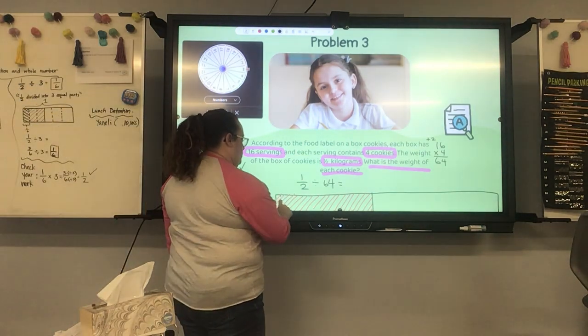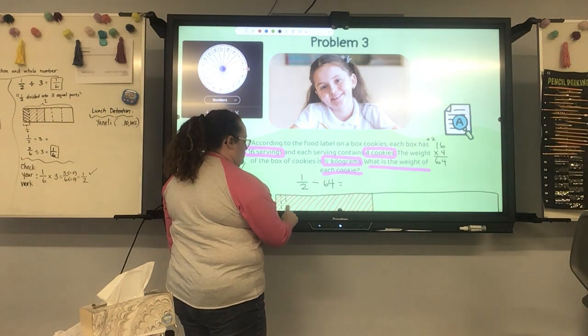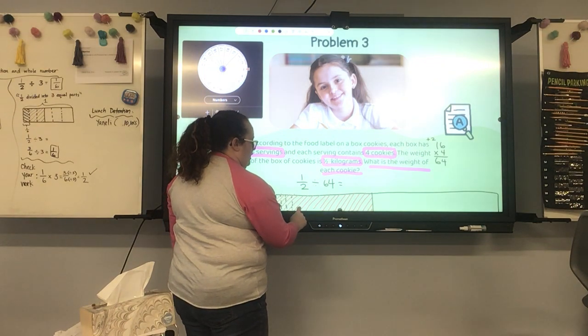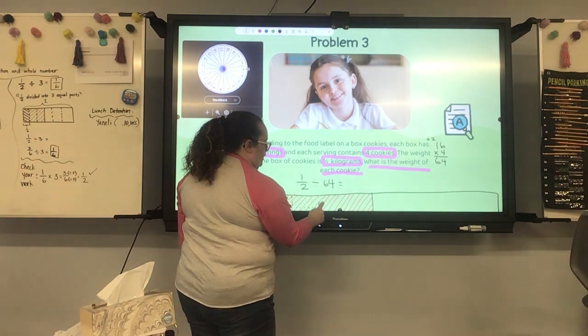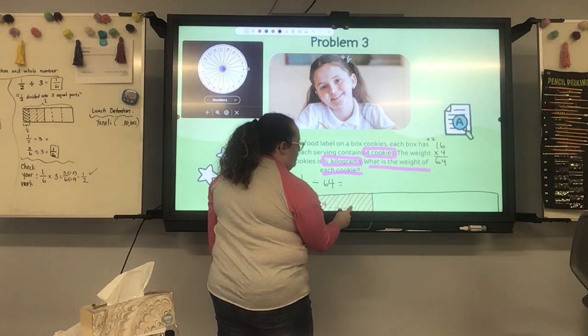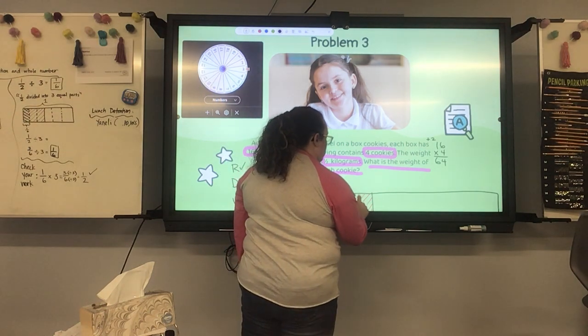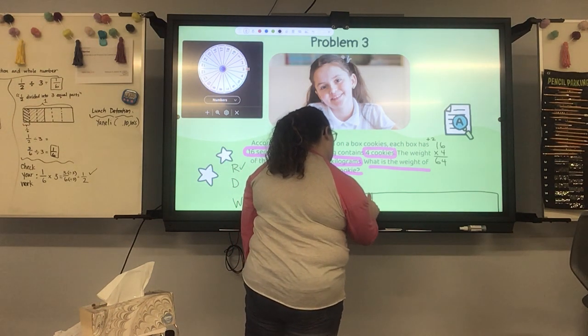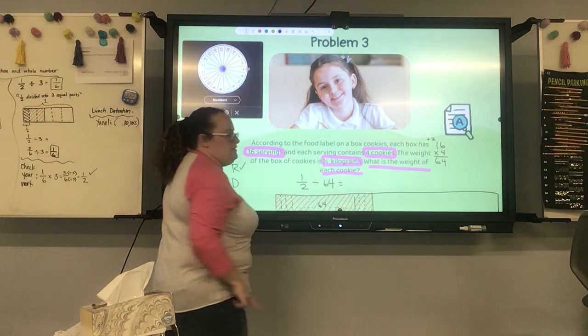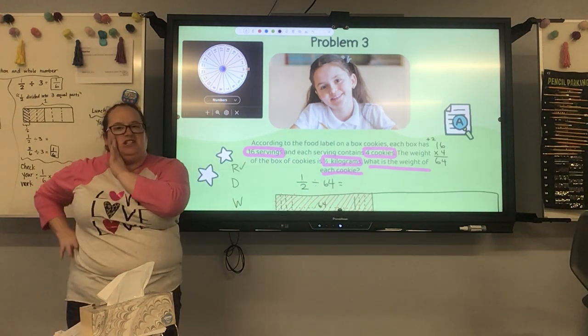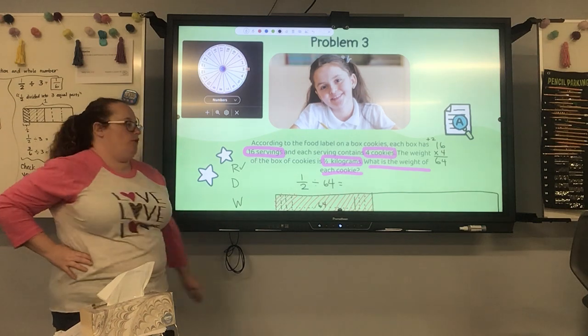Now this would take too long, so Miss P is going to start the dotted lines, then I'm going to do the dot dot dot, 64, keep doing the dotted lines. So that you see that there would be 64 groups in there, Miss P just doesn't have the room to draw 64 boxes.